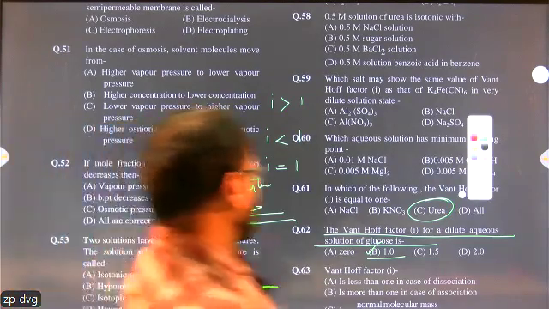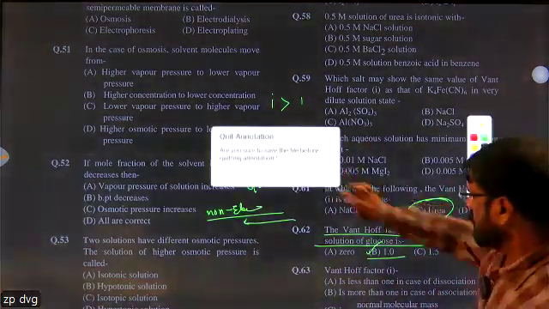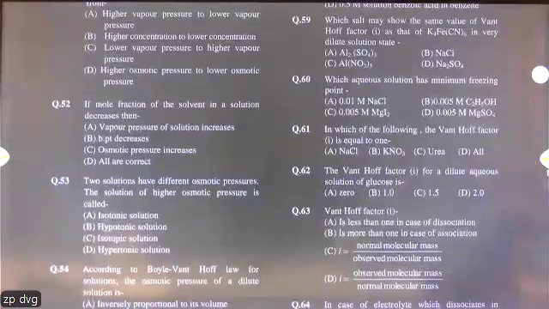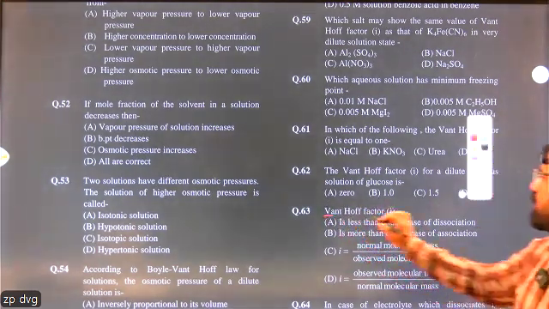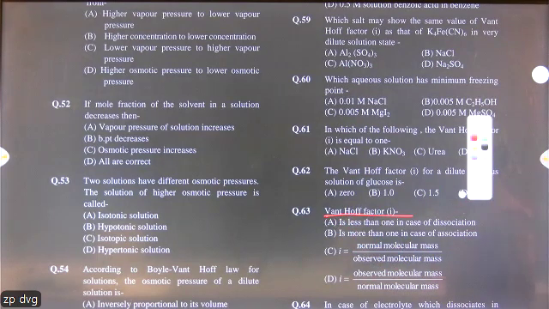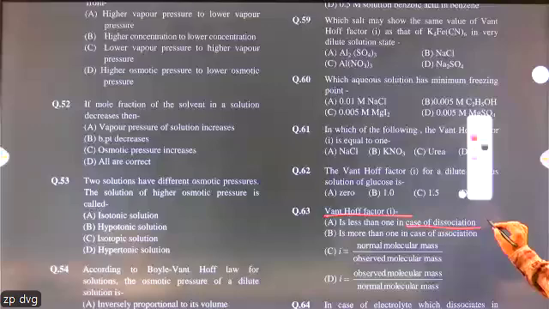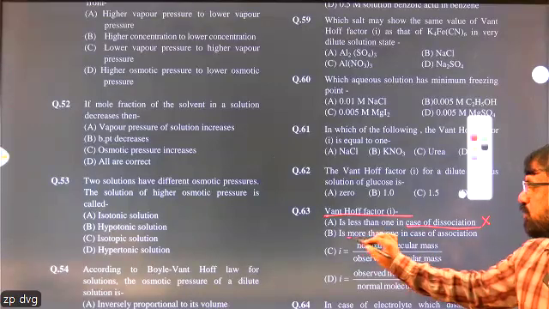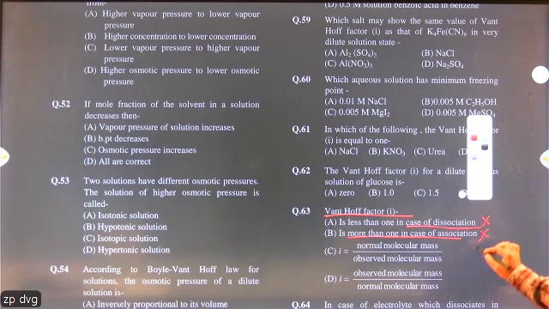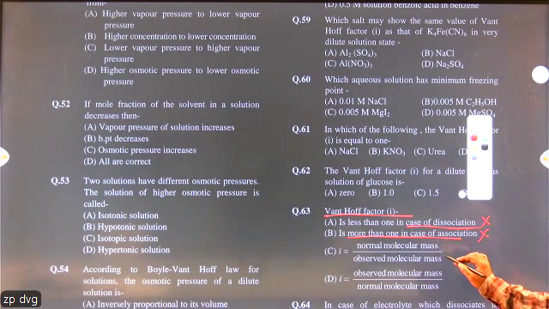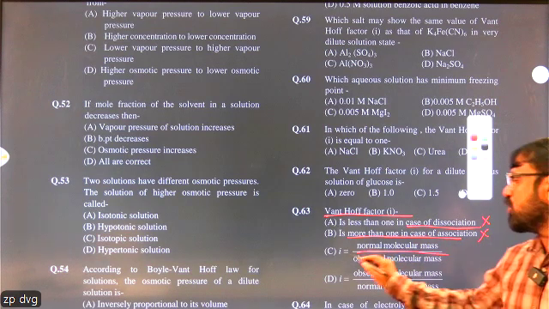Next one, question number 63. What is the meaning of Van't Hoff factor i? The statement that it is less than 1 in case of dissociation is wrong. The statement that it is more than 1 in case of association is also wrong. The correct one is i equals normal molecular mass divided by abnormal, or observed, molecular mass.